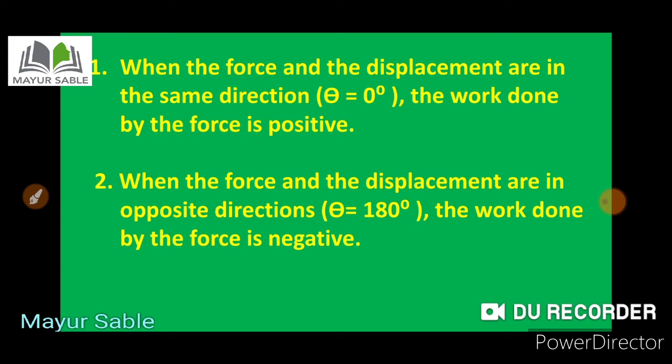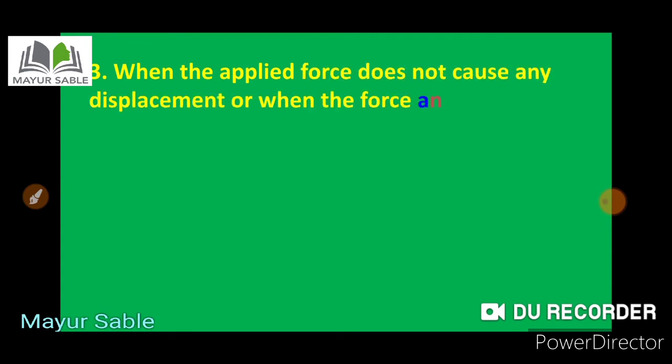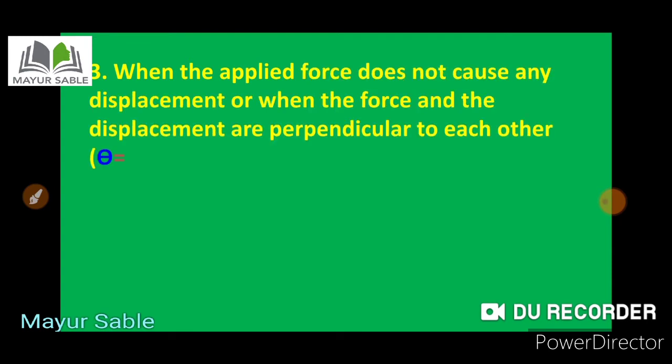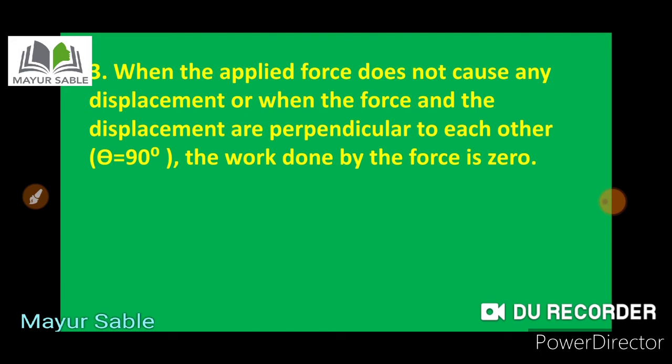The work done by the force is negative. And when the applied force does not cause any displacement, or when the force and the displacement are perpendicular to each other, it means theta will be 90 degree. So the work done by the force will be 0.